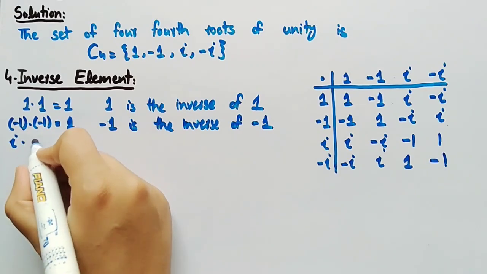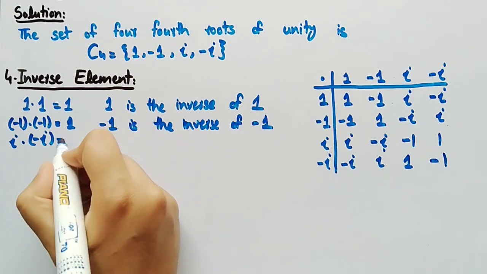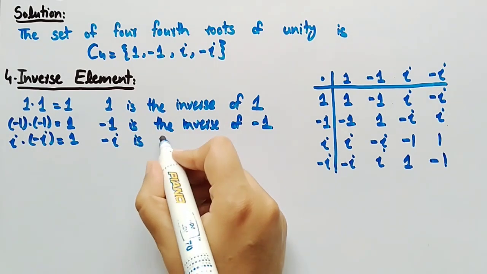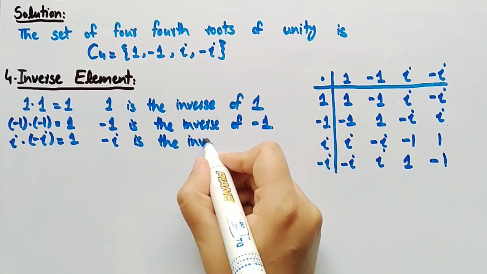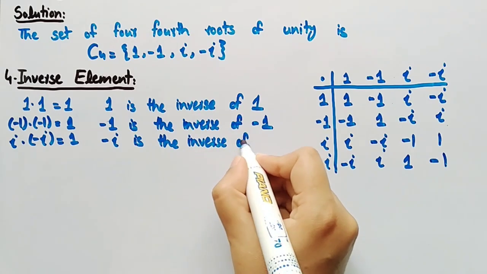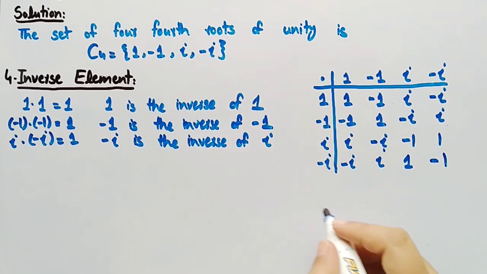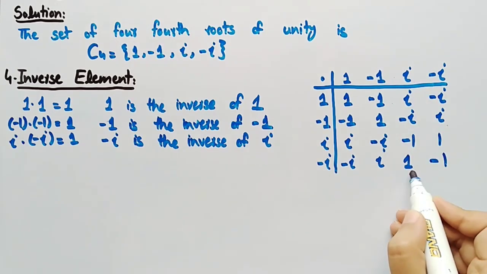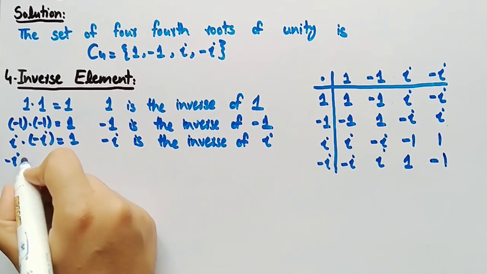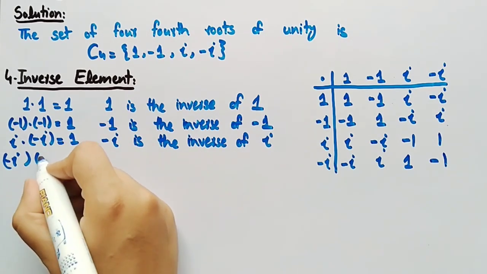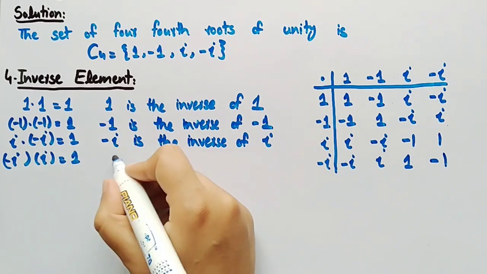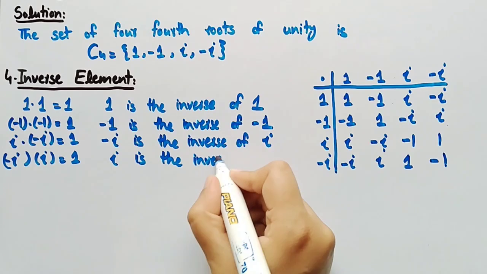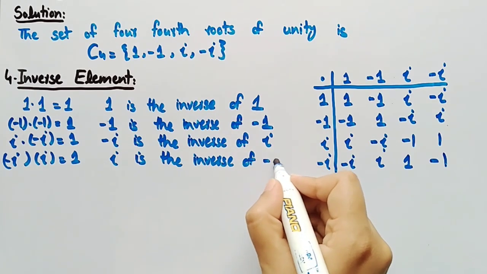So iota multiplied by -iota is equal to 1, which means that -iota is the inverse of iota. When we multiply -iota by iota, we get the identity element that is 1. So iota is the inverse of -iota.